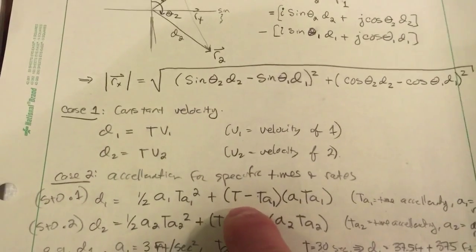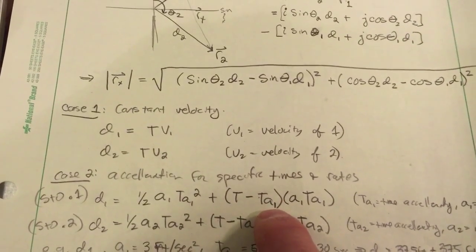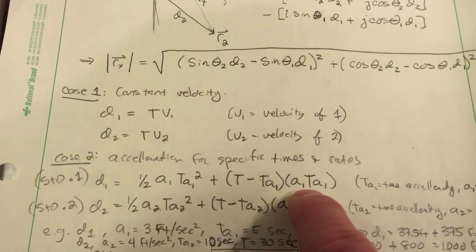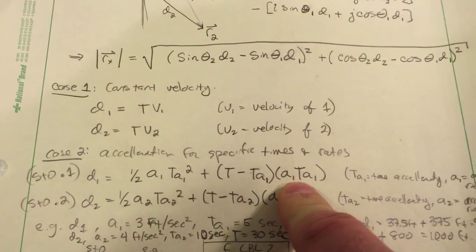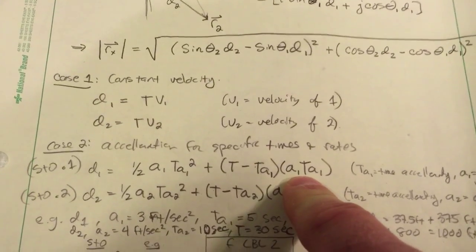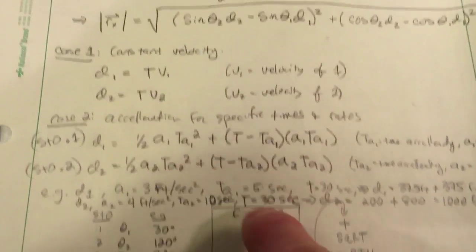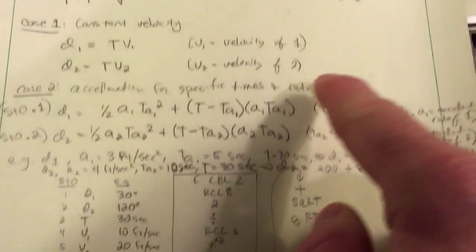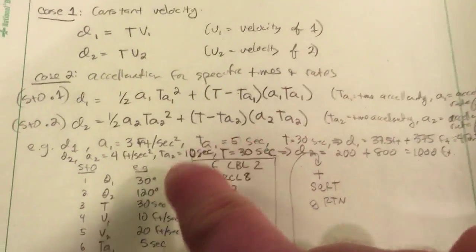So it's the total t minus the time that it accelerated, which is the remaining time, times the constant velocity it arrived at after accelerating, which would be a1 times t a1. Same for d2, and then you plug it in to that formula. Yeah, that's pretty much it.